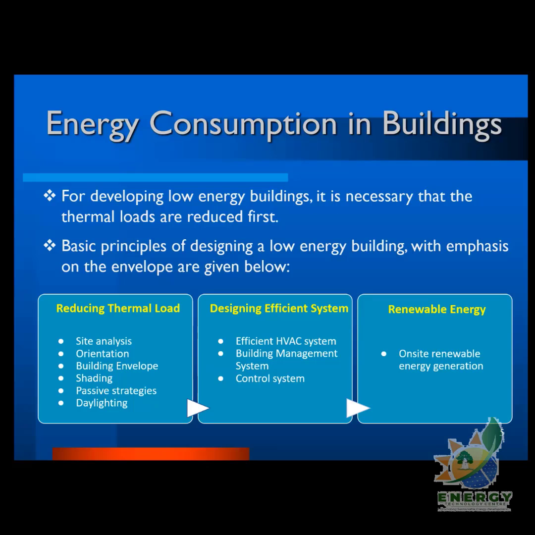Now, when we are talking about thermal load, what can be done in that area? We're looking at site selection and analysis, orientation of the building and building envelope itself, shading, and passive strategies in terms of doing passive designs to allow solar and light to get into the building, and then also daylighting.